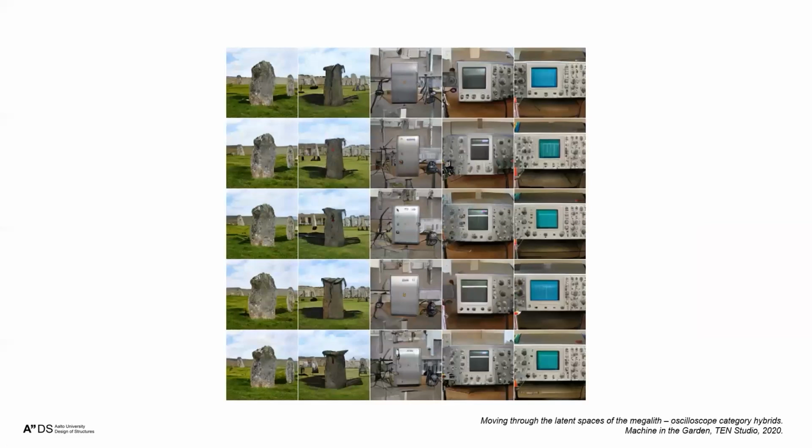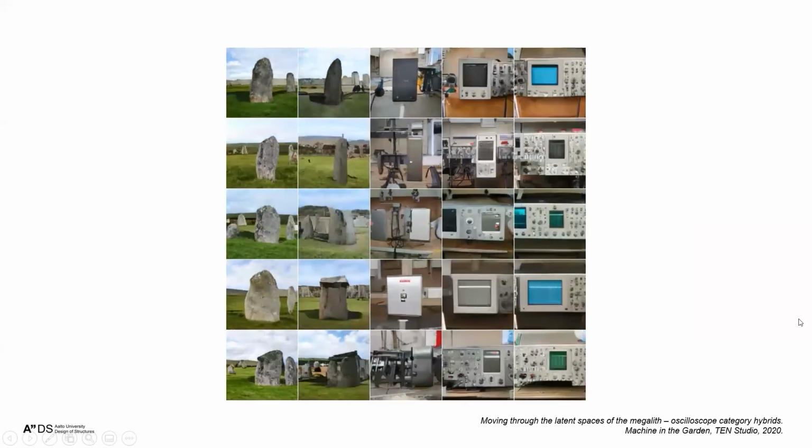Okay, and when we talk about hybridizing between different categories, that means we can move in a continuous way from one category to the other one. Here on the left is the megalith, and on the right is oscilloscope. And again, we can move through that space as well.